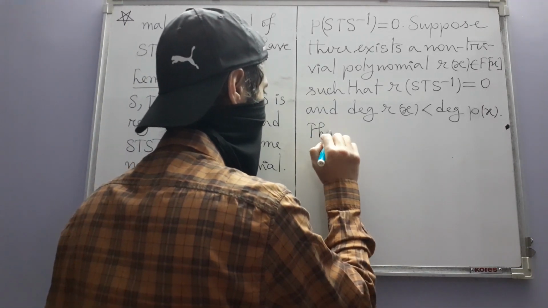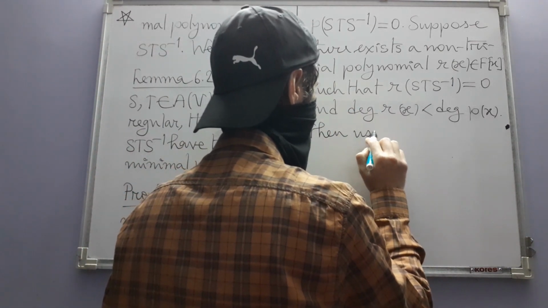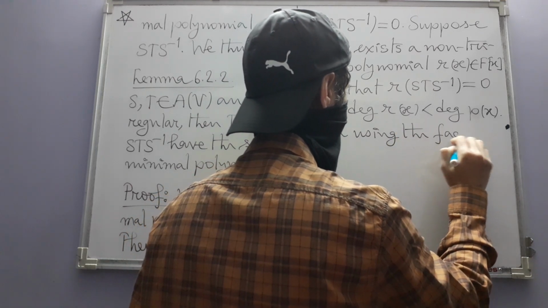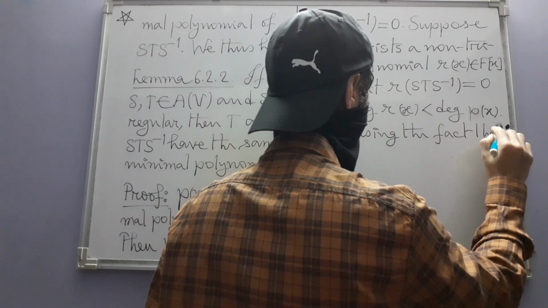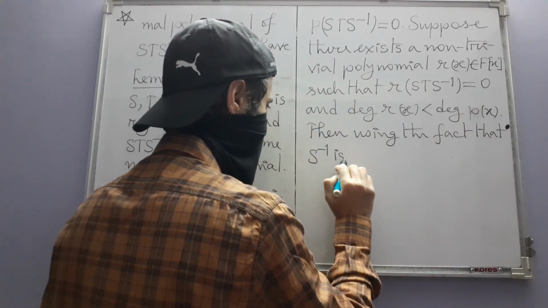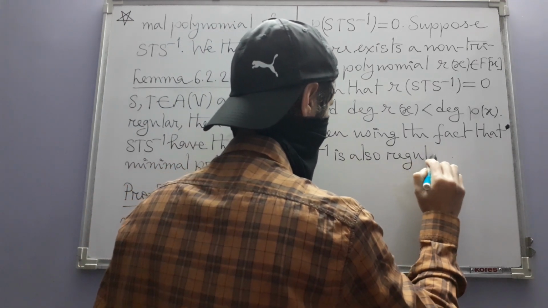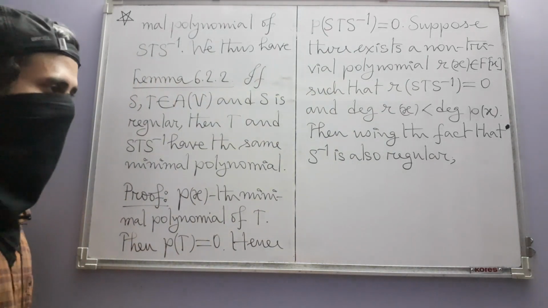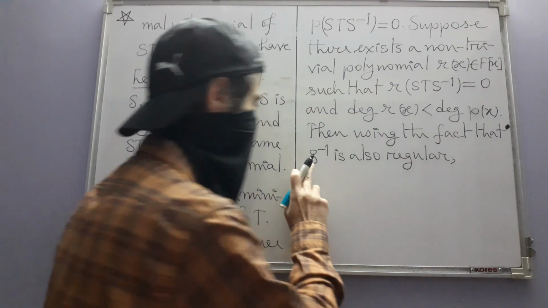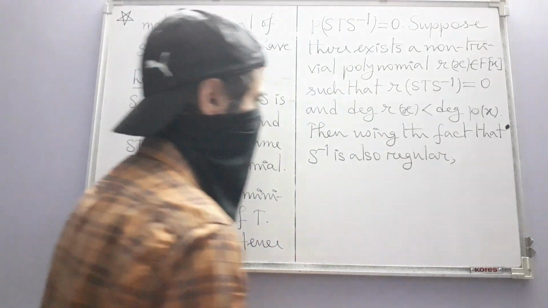Then, using the fact that S inverse is also regular. S is regular, so its inverse is also regular. And the inverse of S inverse is S itself. These are things we already know.